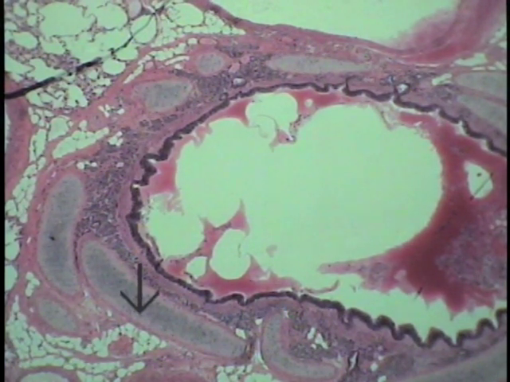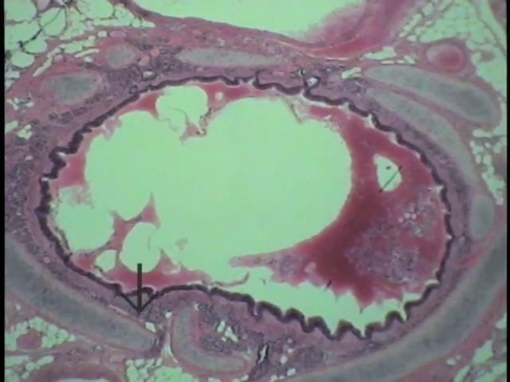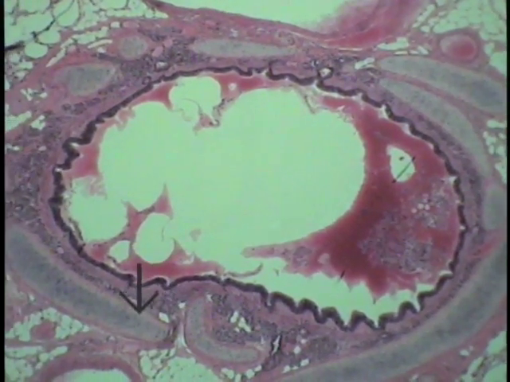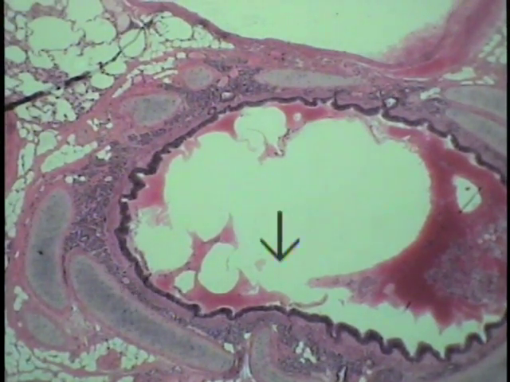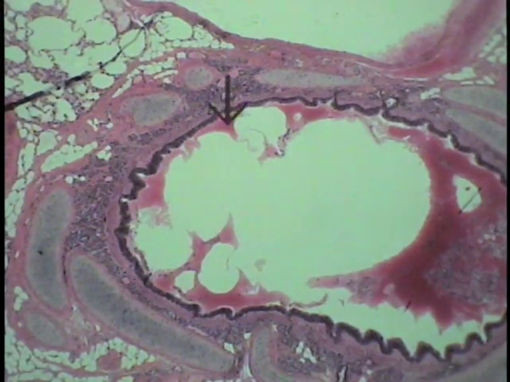So you have a layer of plates surrounding the circumference of this structure to help maintain its patency. As we will see later, it is going to be lined by a typical respiratory form of epithelium, that is, a ciliated pseudostratified columnar epithelium with goblet cells. Also shown quite well is the bronchial smooth muscle layer.